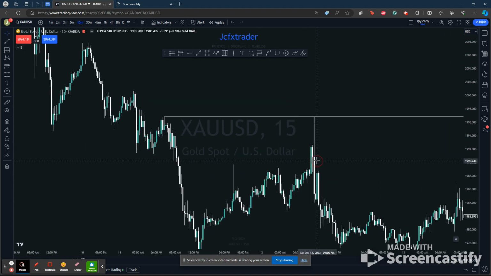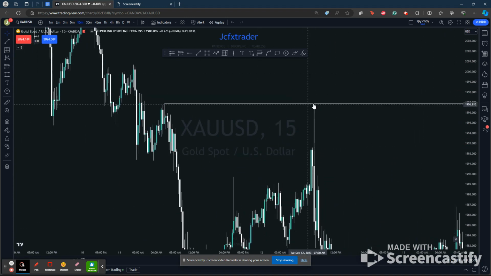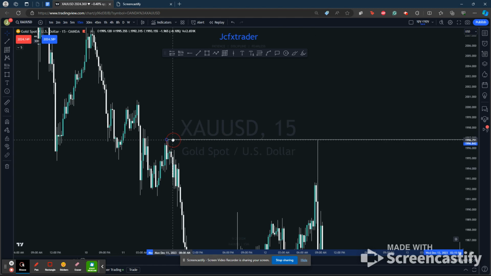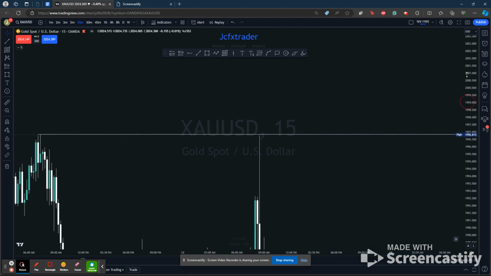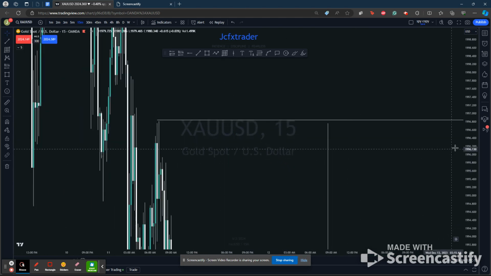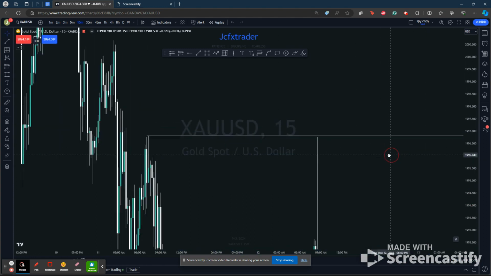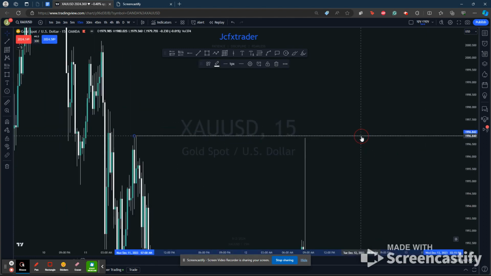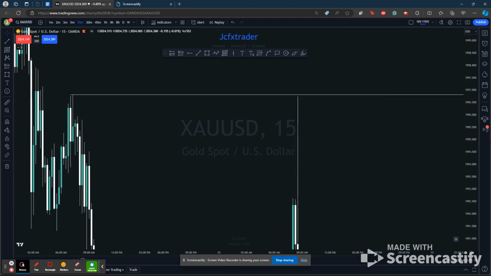But this is a prime example of what would not be a liquidity sweep. See that we have the line right here, and if we were to really zoom in, you can see that this never quite touches it or goes a little past it, right? So this would be an invalid liquidity sweep, right? If they were to be like this, completely equal, this would also not be a liquidity sweep.